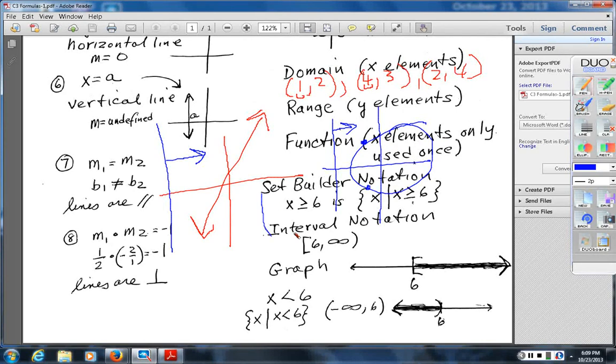Some other ones you might run into is a sideward parabola. Well, that would be an open parabola to the top or bottom. This does pass the vertical line test, while a sideward parabola would not. So this one here is a function, this one is not.